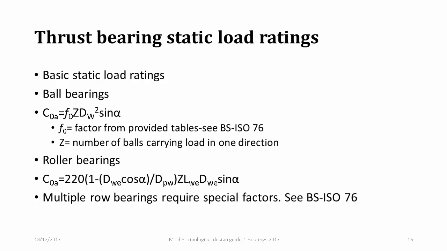In the case of roller bearings, the equation is a bit different, as you can see there, and has a single modifying factor of 220 at the front, and the rest of it is about the geometry of the bearing, including the diameter of the rolling element, the contact angle, the number of rolling elements, the effective length of the rollers, of course, and the operating diameter again.